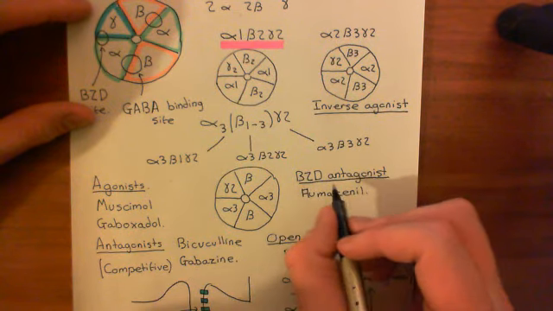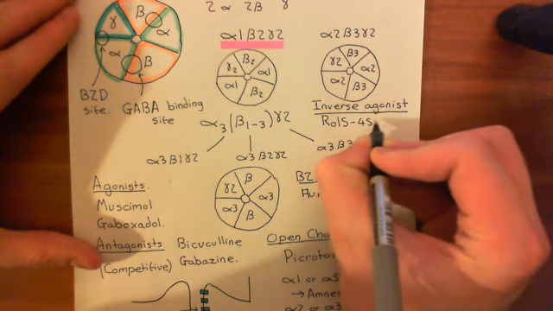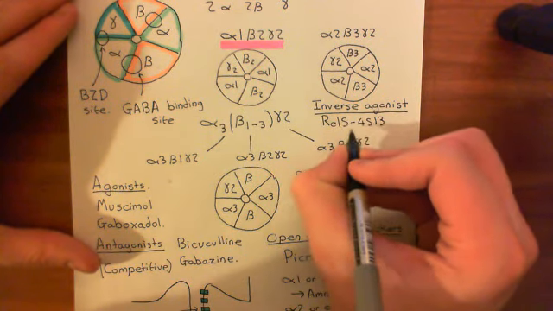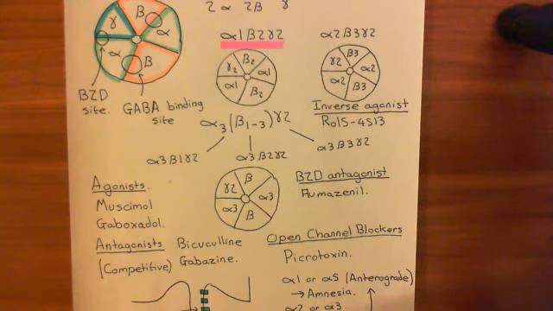The drug which I'm going to state as an inverse agonist is Ro 15-4513. Okay, so this drug clearly is not used clinically. When you have drugs that are used clinically, they have more interesting names than that.